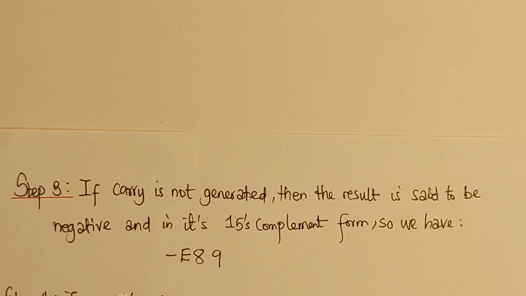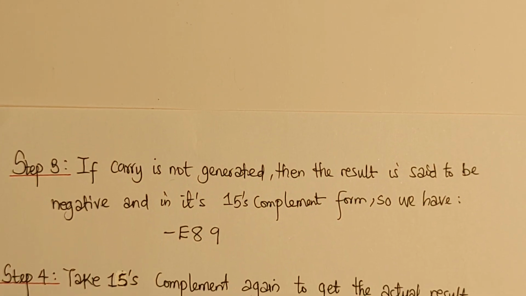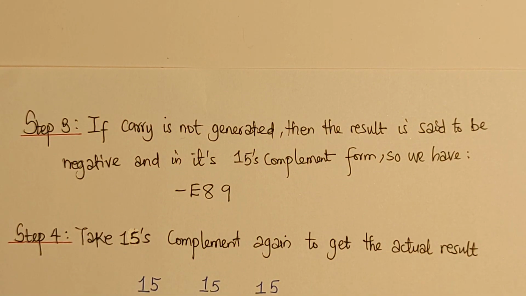The next thing is step 4, in which we are supposed to take the 15th complement of this value again to get the actual result. But please note that when you take this value, you're not considering the sign. You're only going for these digits.